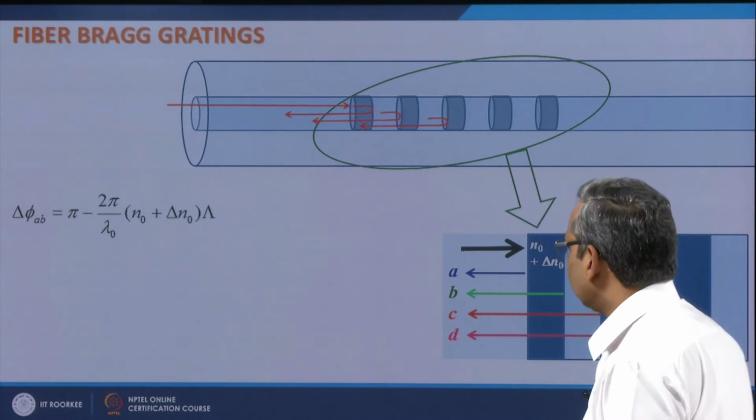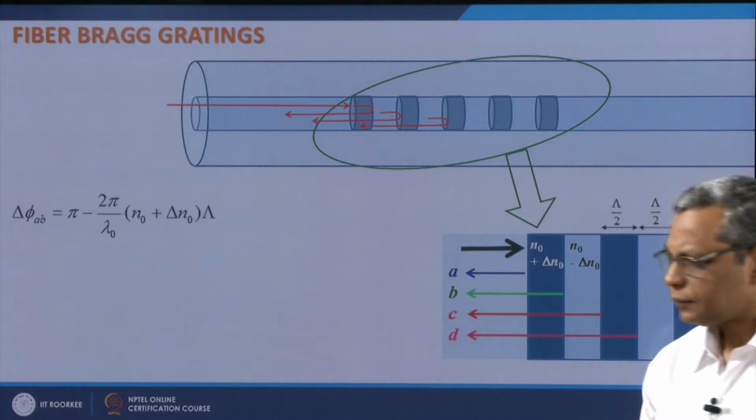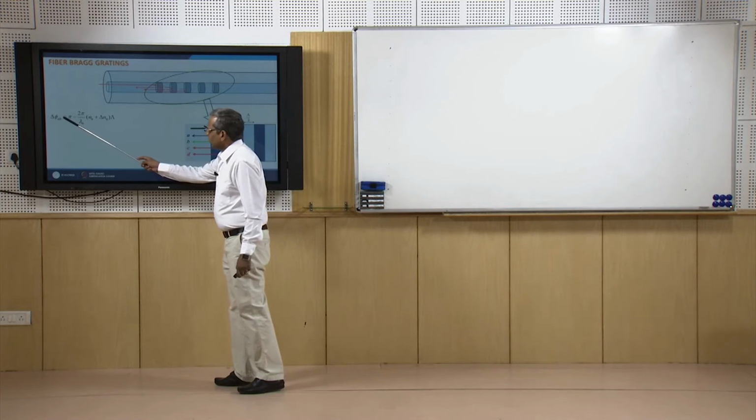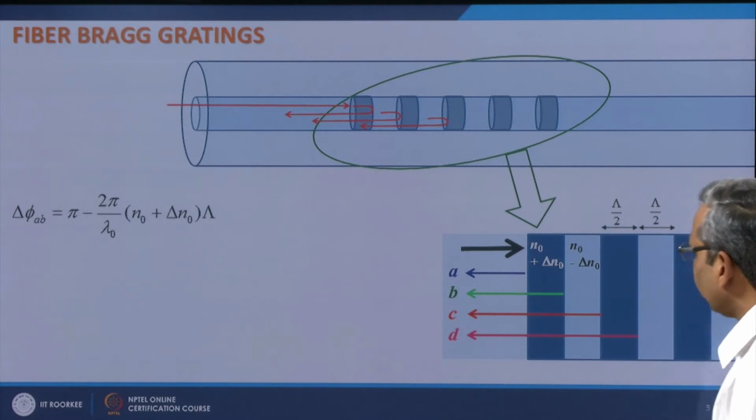And this π phase shift occurs because there is a reflection from a rarer to denser interface. So, I have Δφ_AB, the phase difference between these two waves.